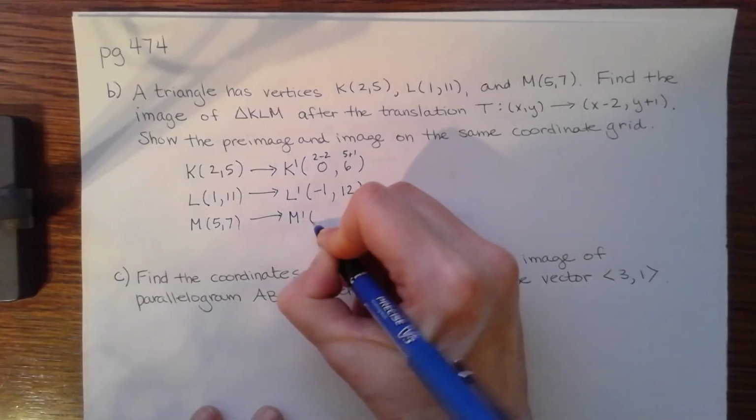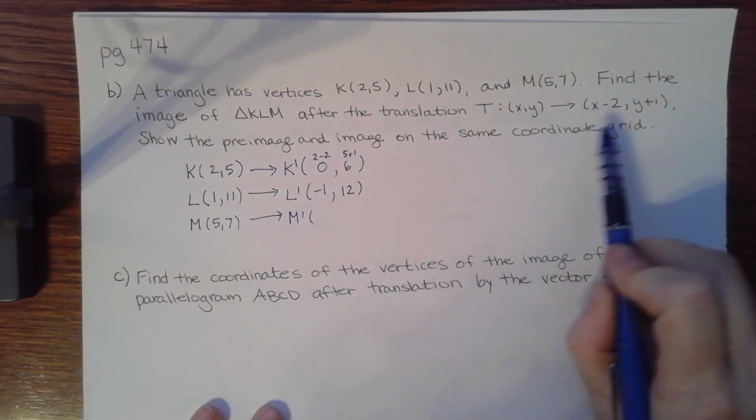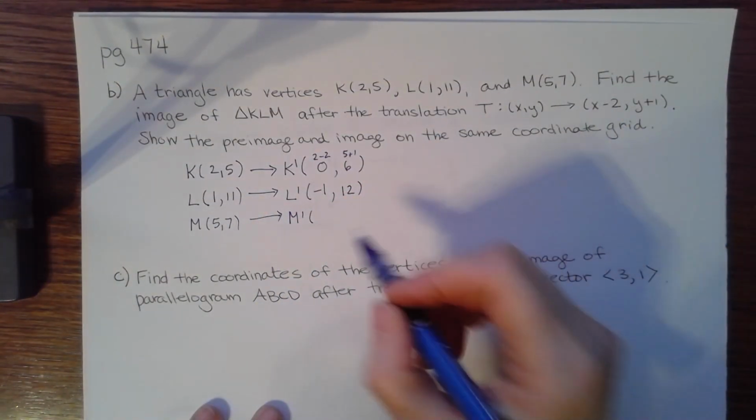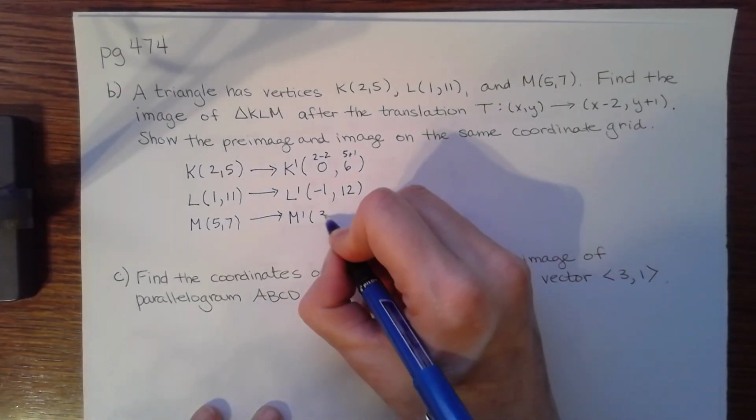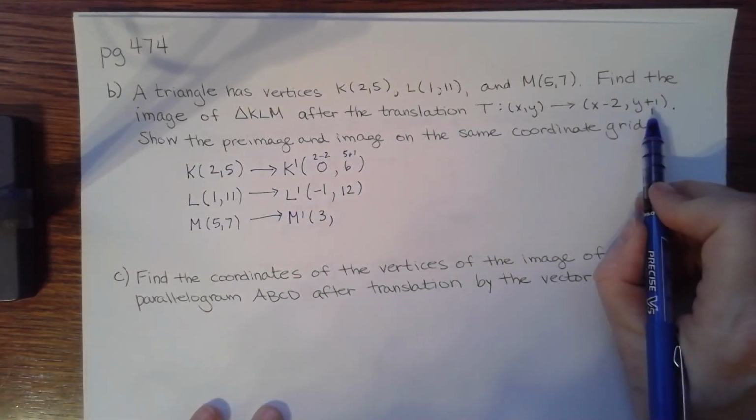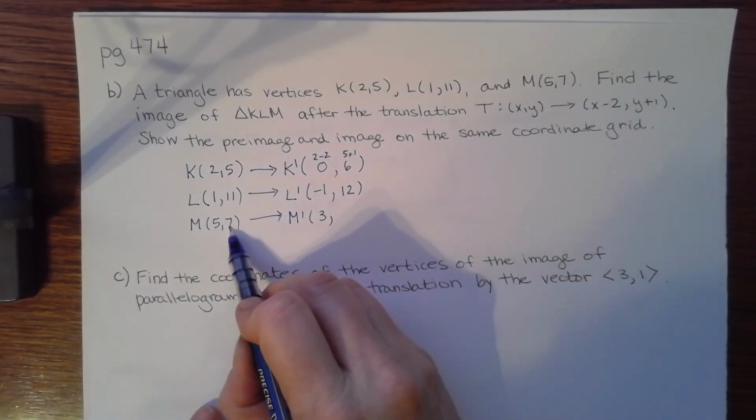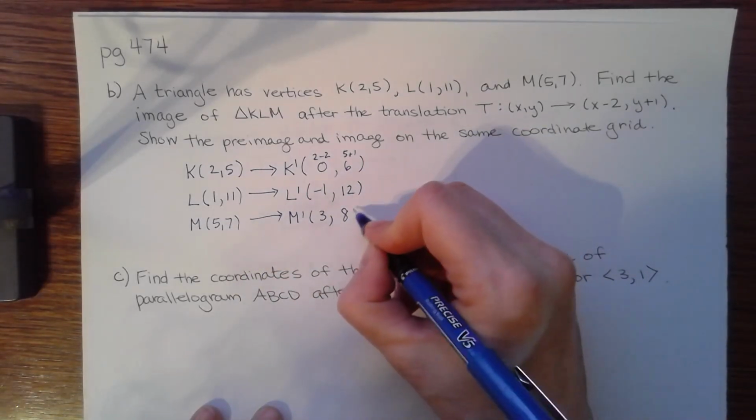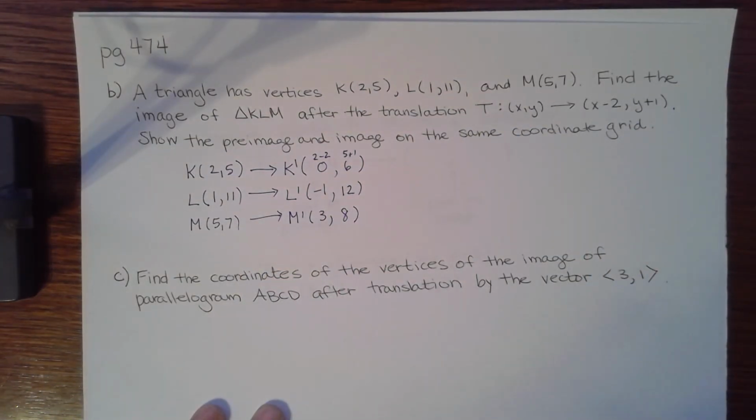M prime. Okay, we're going to subtract 2 from the X coordinate. 5 minus 2 is 3. Add 1 to the Y coordinate. 7 plus 1 is 8. So those should be our image coordinates.